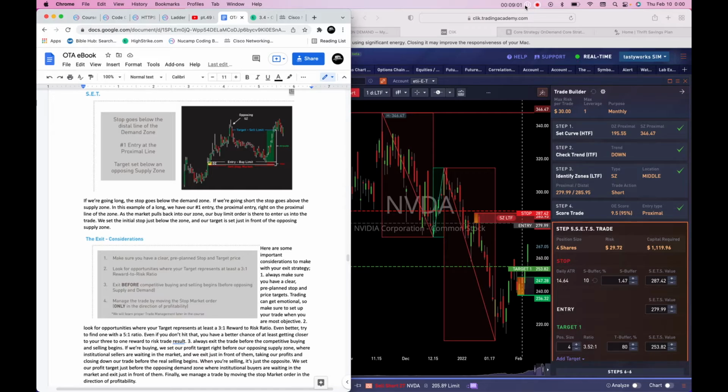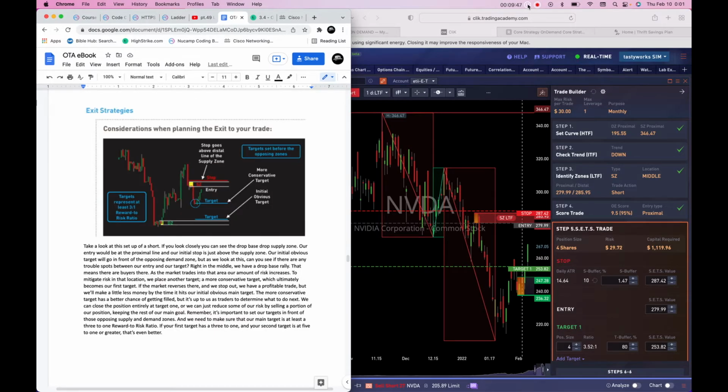As the trade moves in my favor, or rather as price goes up in the chart, I move my sell stop market order up just below each demand zone. So as each demand zone forms within the breakout segment of the uptrend, I'm going to place or move my sell stop market order below that newly formed demand zone.